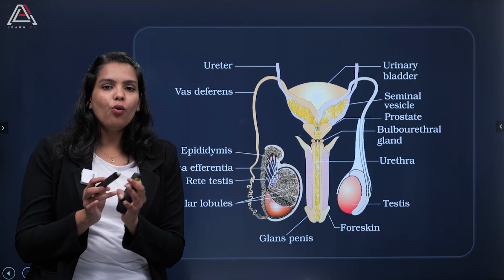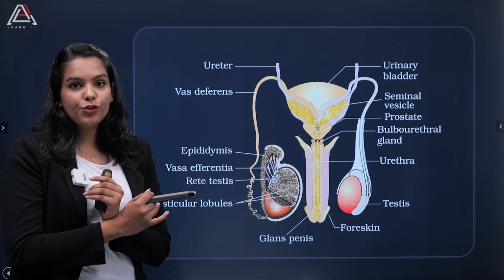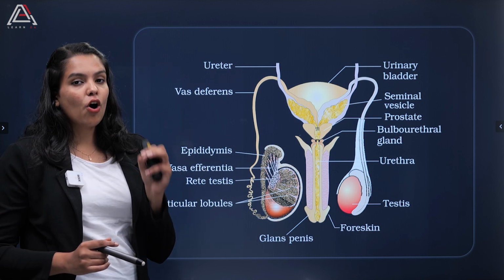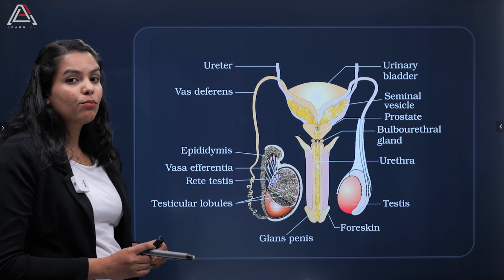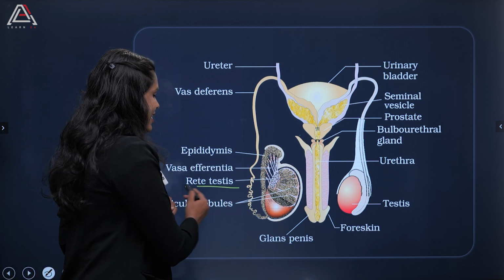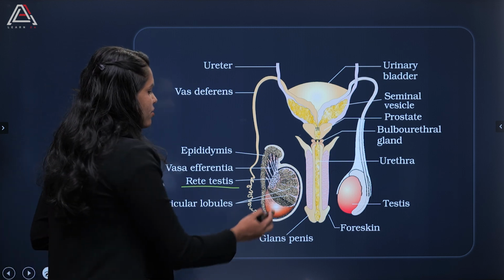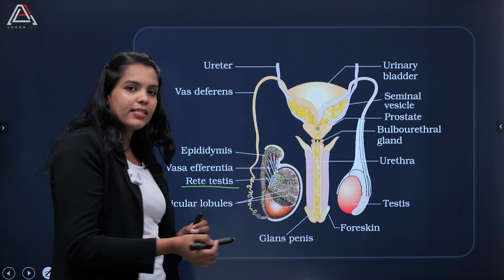Like I told, it leaves the seminiferous tubule and enters a shorter tubule called tubuli recti, and then moves to a wider tubule called rete testis.